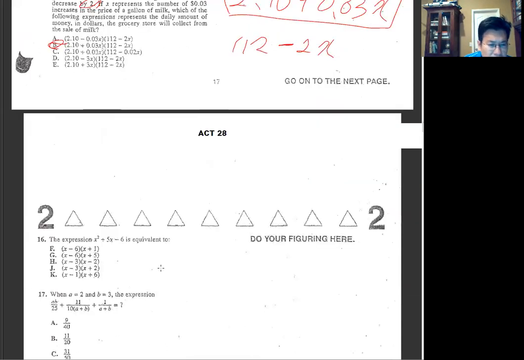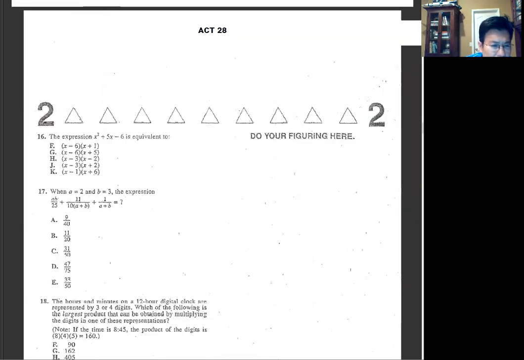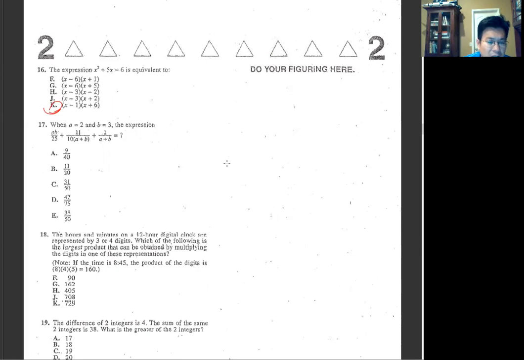equivalent, factoring 6 and -1. If you don't know, you plug in numbers and write it in the calculator. Okay, x is 2 and you plug in.